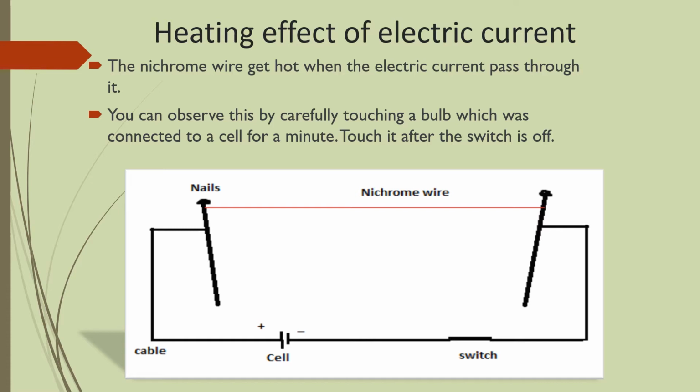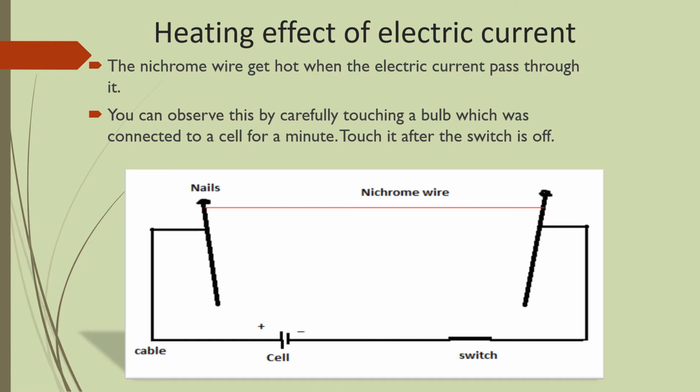So we can do an experiment also. We can check this. You can take two nails and a nichrome wire and connect it with a cable, a cell and a switch. When you switch it on, you will see that the nichrome wire gets heated up, gets hot when the electric current passes through it.